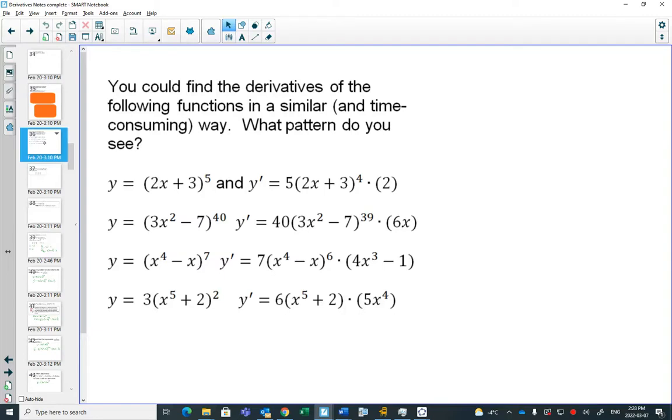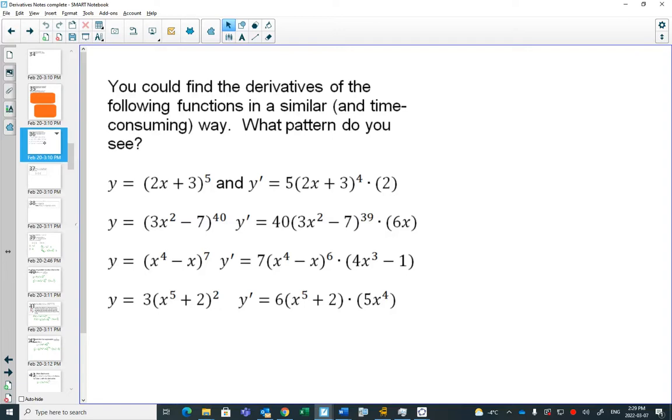And we get our answer, and this one seems to match, right? The 5 comes out in front, there's a 4, but then there's an extra 2. And on this one, it seems to match, but there's an extra 6x after you do everything.